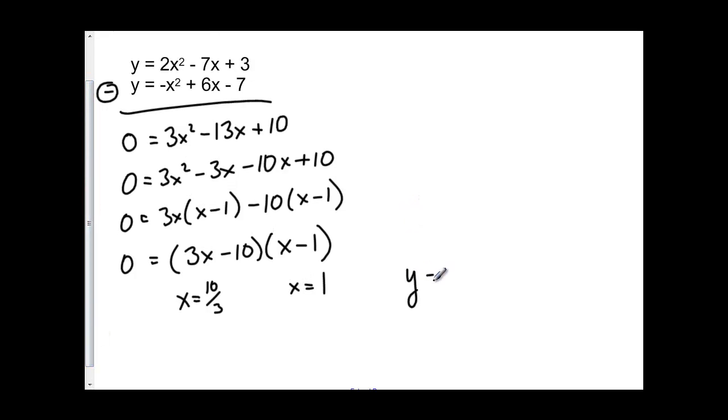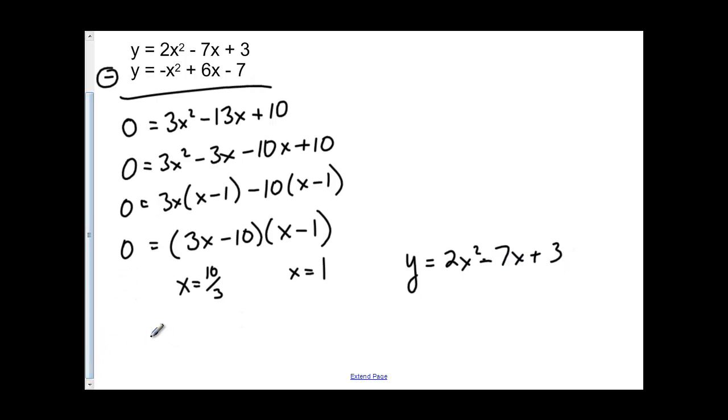So I'm going to use the equation y equals 2x squared minus 7x plus 3 to figure these out. I'm going to start with the fraction because it's the more difficult one. So I've got 2 times 10 over 3 squared minus 7 times 10 over 3 plus 3.